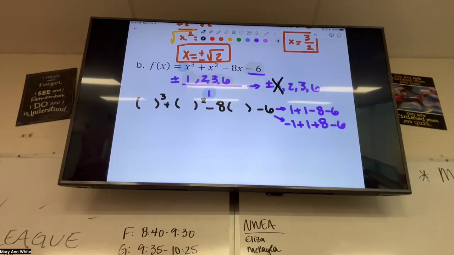No, I think the positive is not going to go very well, because we're going to start getting really big numbers, right? Like 2 to the third is already 8, and then 2 squared is already 4. I think that's not going to work. So I would try a negative number. Do we want to try -2 or -3 first? Nikki, you guess 3? Let's try -3.